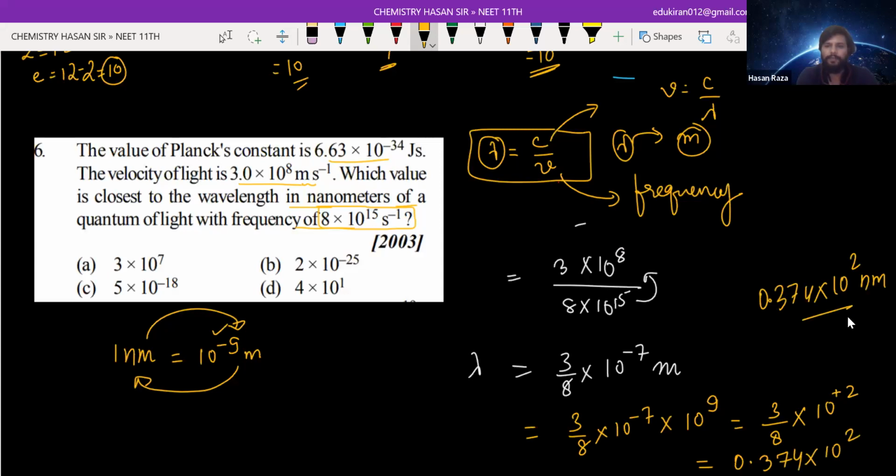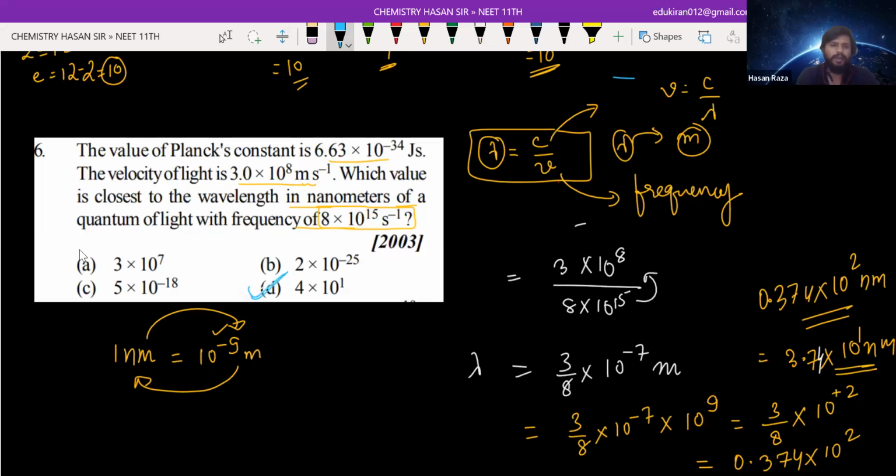So can I write 3.7 into 10 raised to the power 1 nanometer? Yes or no? Yes, sir. So 3.74, which is the closest? This one, D is the answer.